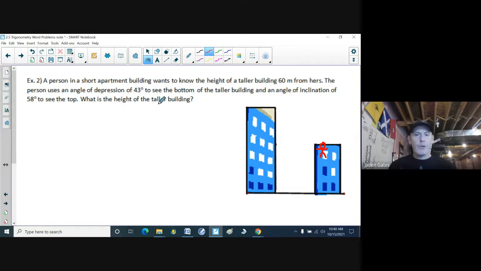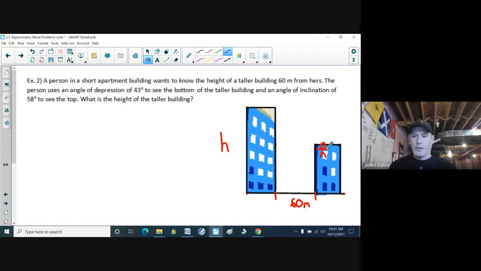Now, putting the numbers in, a person in a short apartment building wants to know the height, h here, of the taller building 60 meters from hers. So that means here, this distance is 60. These buildings are 60 meters apart. Okay. What else do we got here?